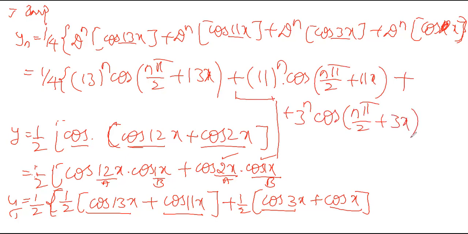Next, the last one, 1 is there, so you write directly cos of n pi by 2 plus x. Okay, this is your answer.